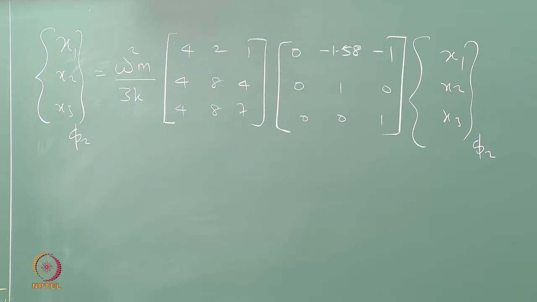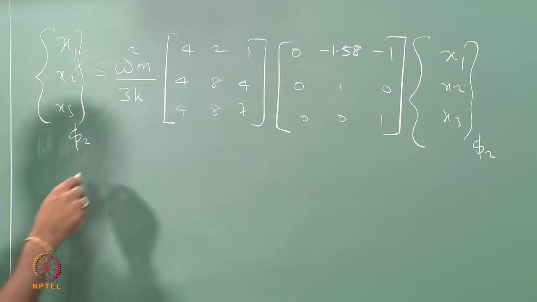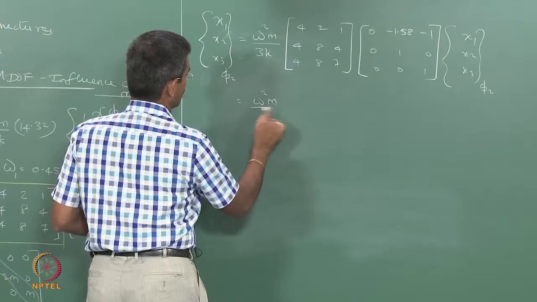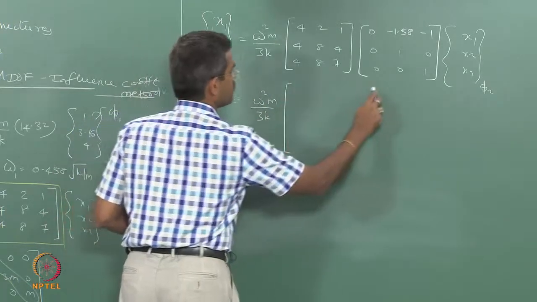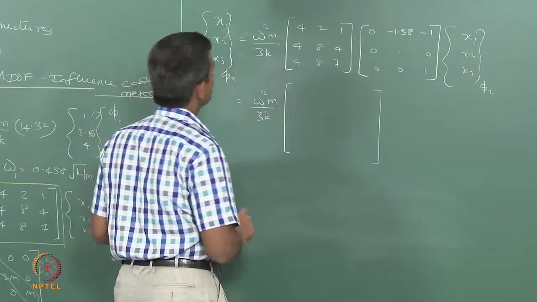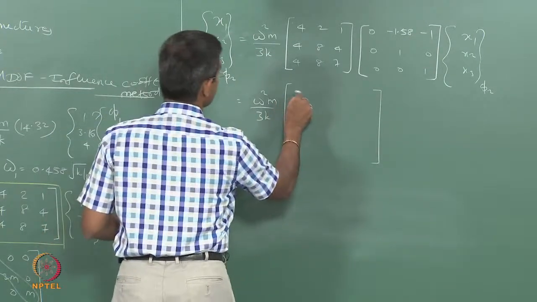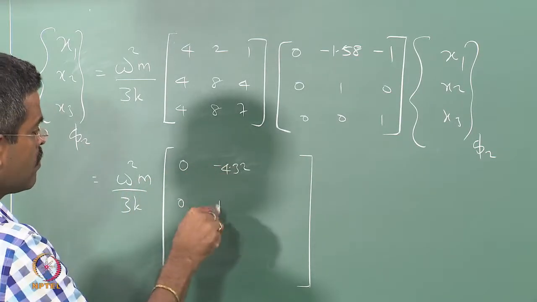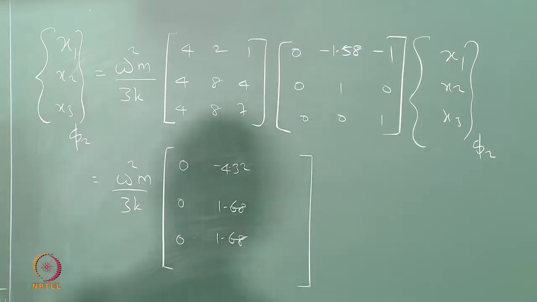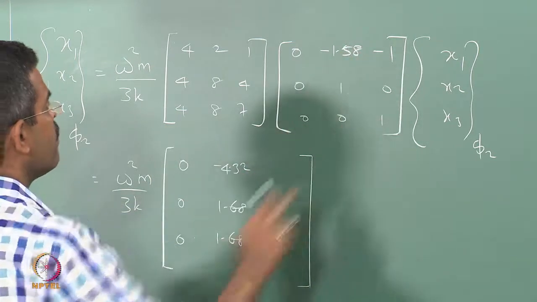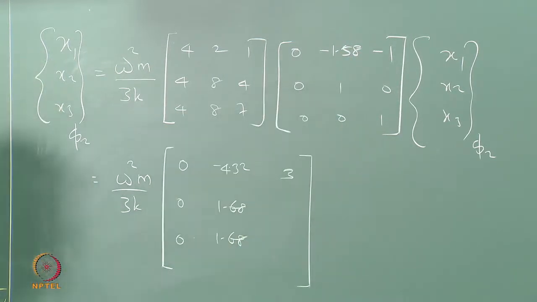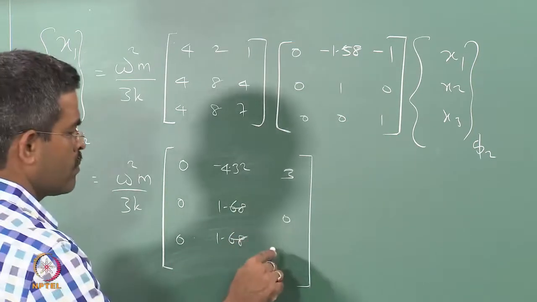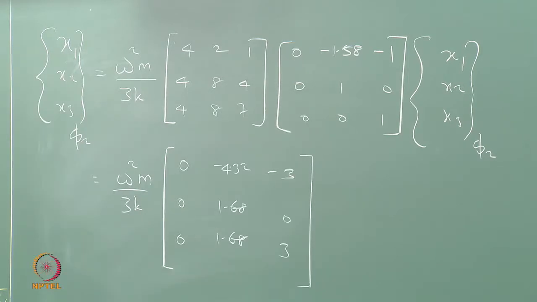First, let us multiply these two matrices and get a single matrix, which is omega square m by 3k of this matrix, multiplied by x1, x2, x3.